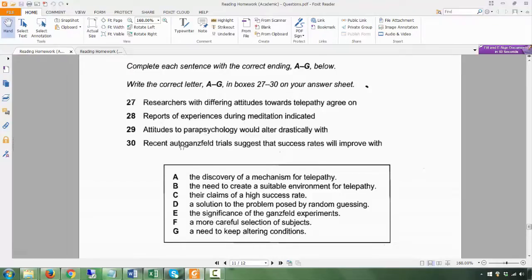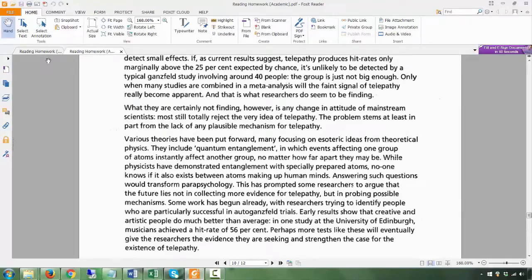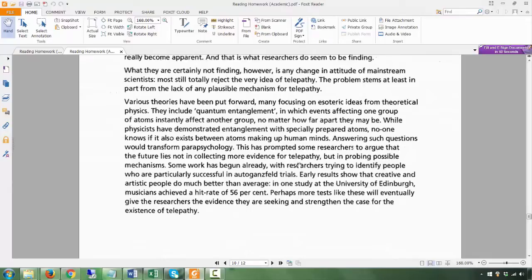Recent Otto Ganzfeld trials suggest that success rates will improve with F, a more careful selection of subjects. So it's here basically. This is Otto Ganzfeld. So where is Otto Ganzfeld?